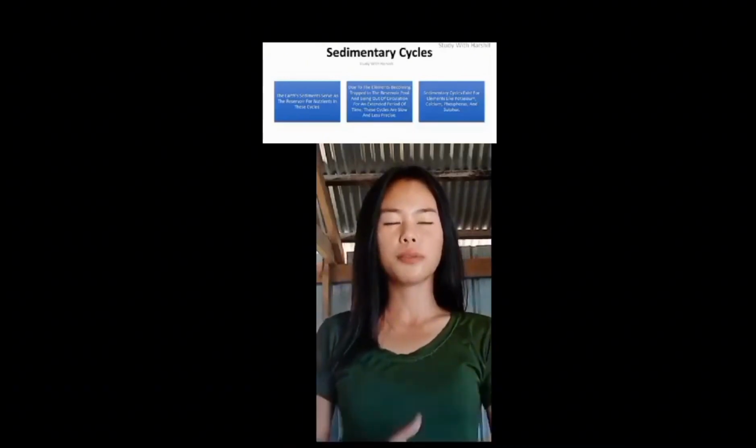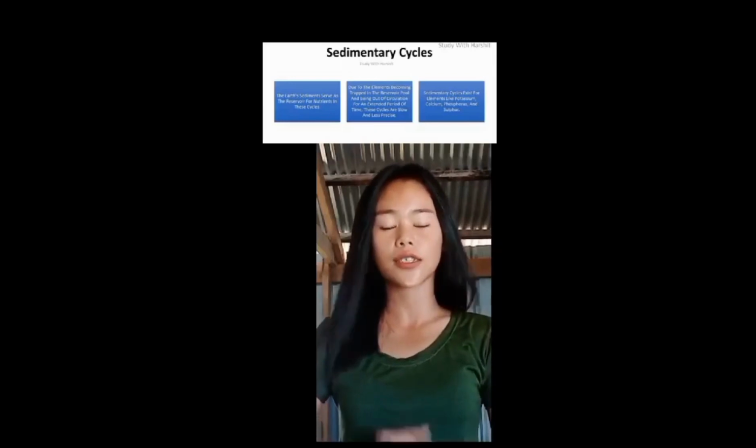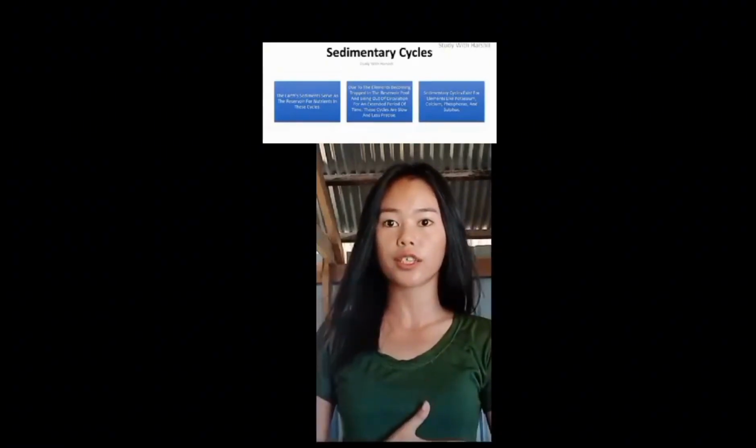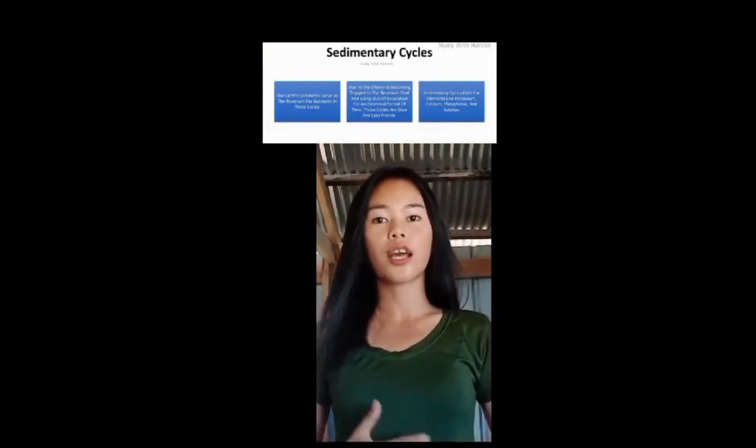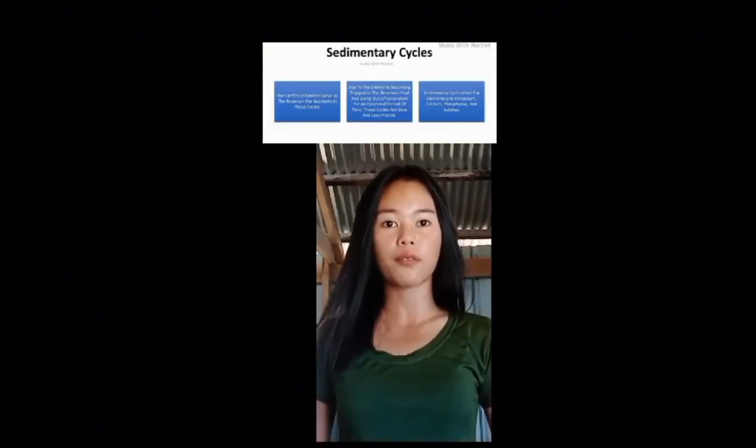In the sedimentary cycle, the earth sediment serves as the reservoir for nutrients, due to the elements becoming trapped in the reservoir. So what is the difference between gaseous and sedimentary? The gaseous is nutrients to reservoir, while the sedimentary is reservoir to nutrients.